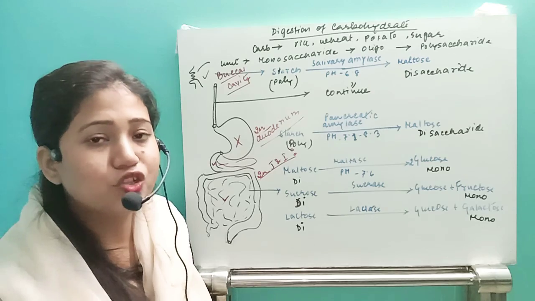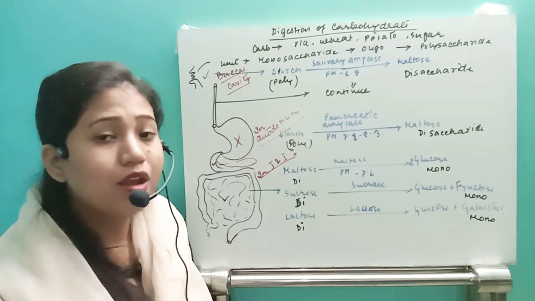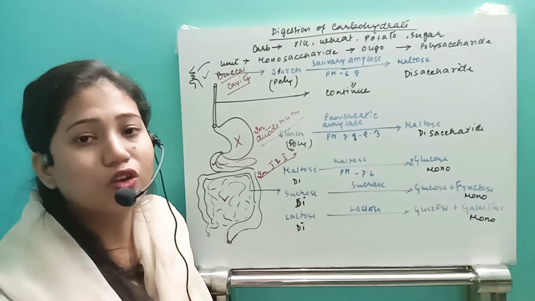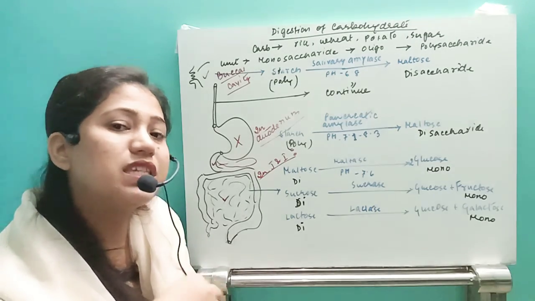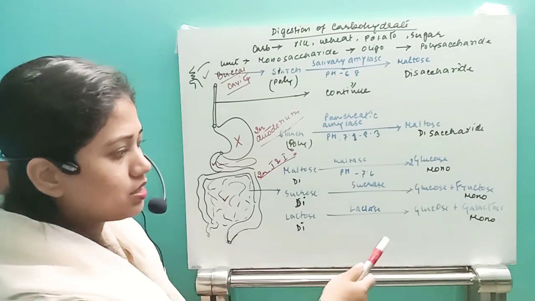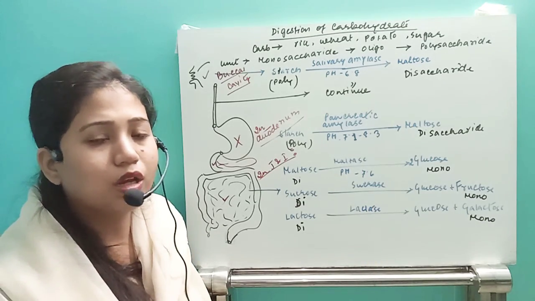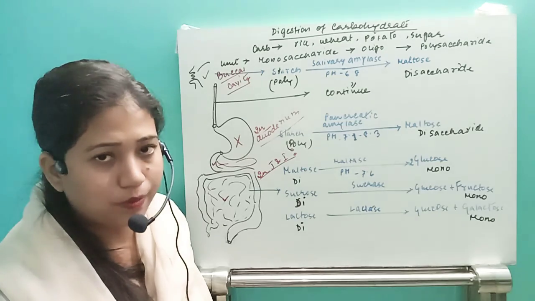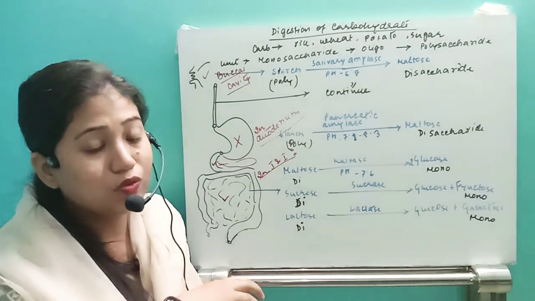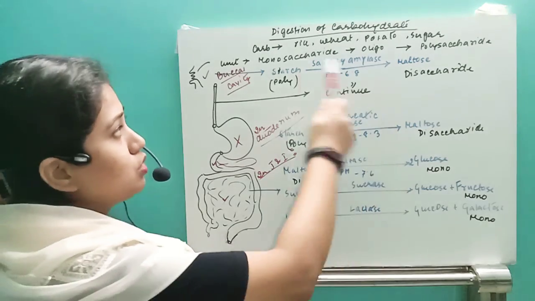The process of digestion is completed when the food molecule cannot be divided further. That means it is divided to its unit, and once it attains the monosaccharide form, no further digestion will occur. So digestion is completed when the food is in its unit state, and the monosaccharide is the unit, right?